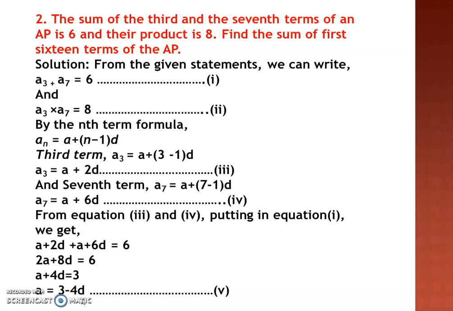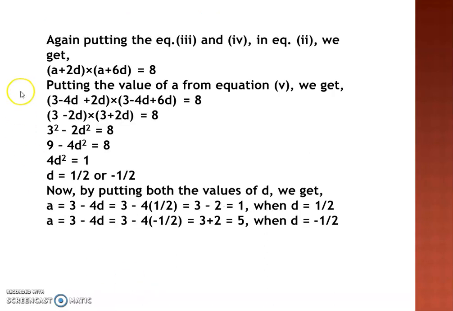So we will substitute A equal to 3 minus 4D in the equation. So 3 minus 4D plus 2D into 3 minus 4D plus 6D is equal to 8. After simplification we will get 3 minus 2D into 3 plus 2D is equal to 8.